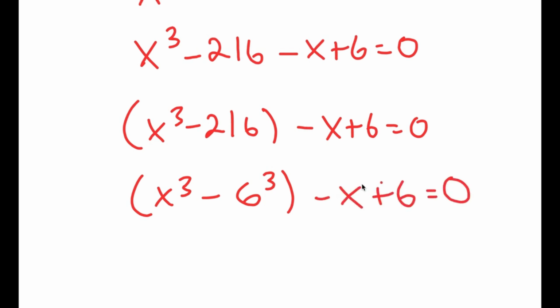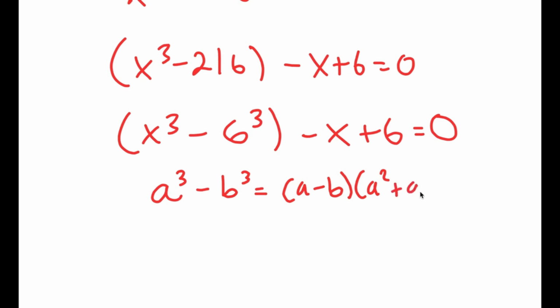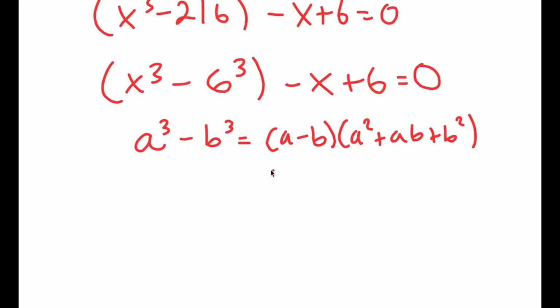is equal to 0. And now if I have something in the form a to the power of 3 minus b to the power of 3, this is equal to a minus b times a squared plus ab plus b squared. In this case, a is x and b is 6.